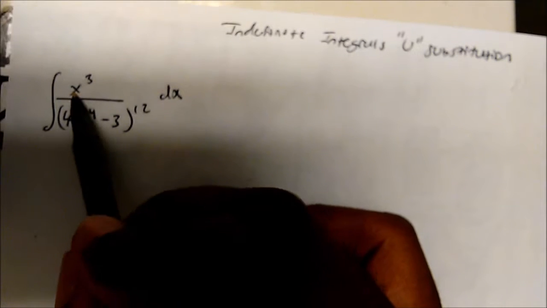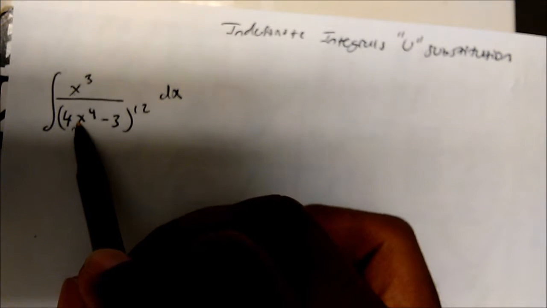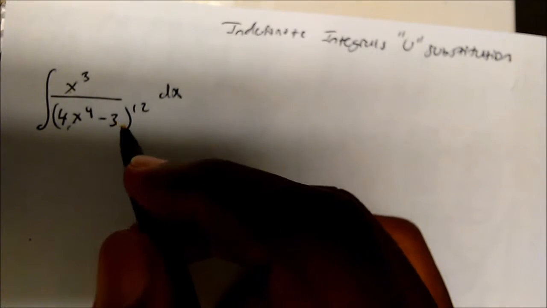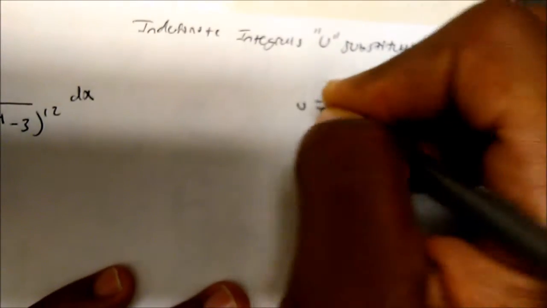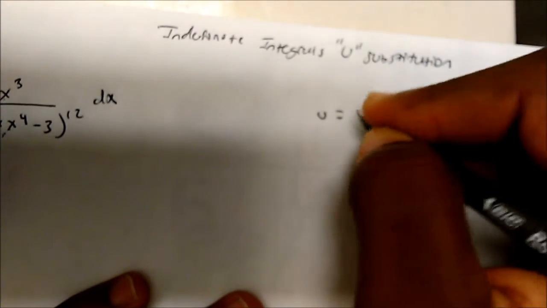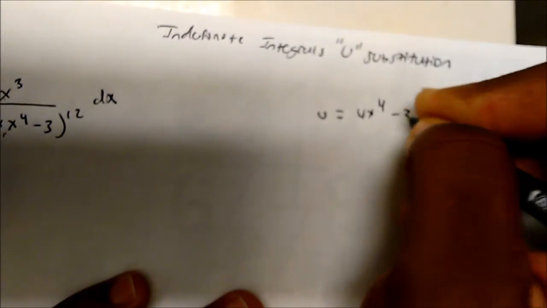I won't have one x cubed, I'll have some number of x cubed, but we don't care about that. We can change fractions and numbers, we just can't change our x's. So our u will be 4x to the fourth minus 3.